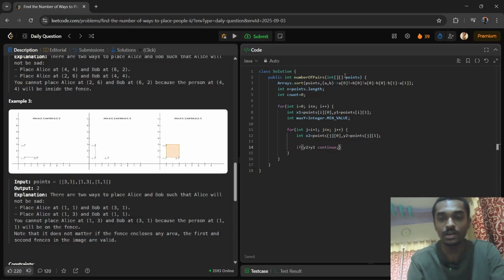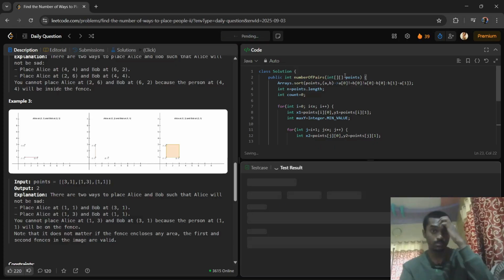This is not a valid pair. After that we check if our y2 is greater than max y. If it is, then we increase our count and update our max y equal to y2. At the end we return our answer, return count. Let's try to run it.